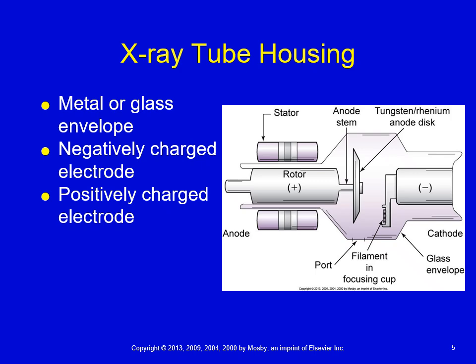So it helps try to keep the tube cool, and the reason why we need to keep the tube cool is because producing X-rays generates a lot of heat, and therefore the more X-rays we take, the tube itself continues to heat up. The only way for it to cool down is for it to sit idle.